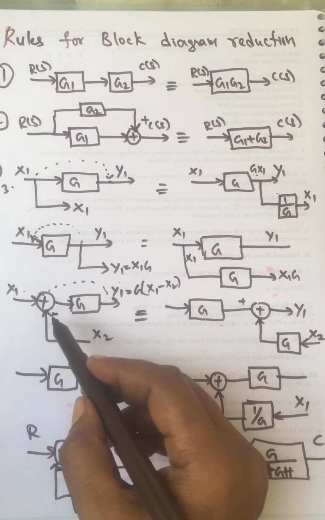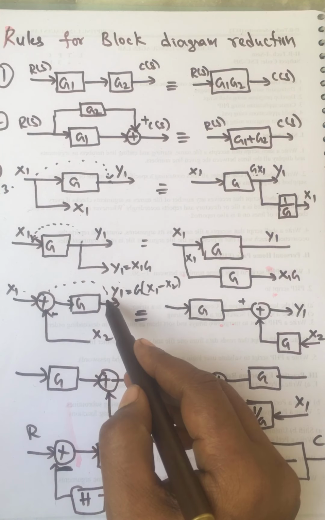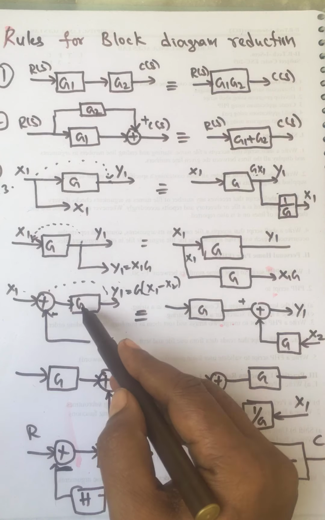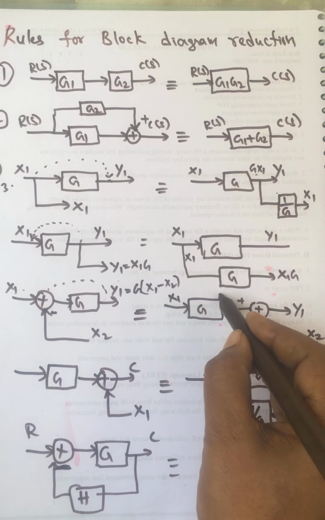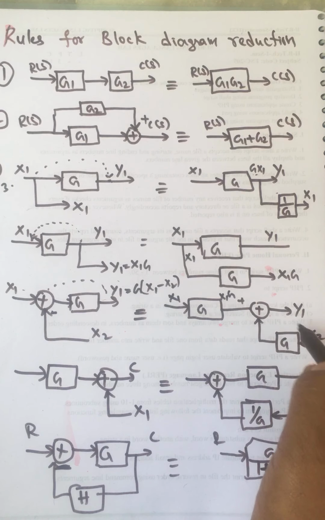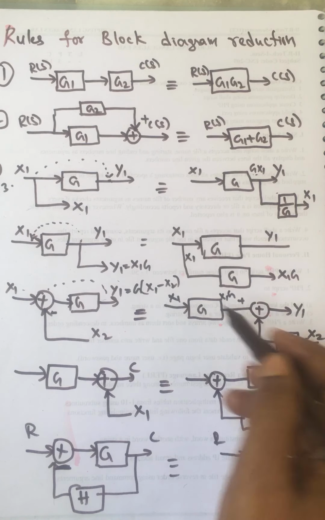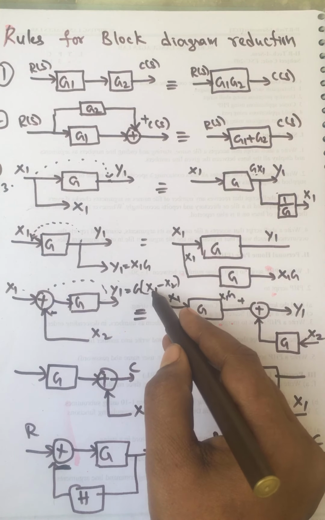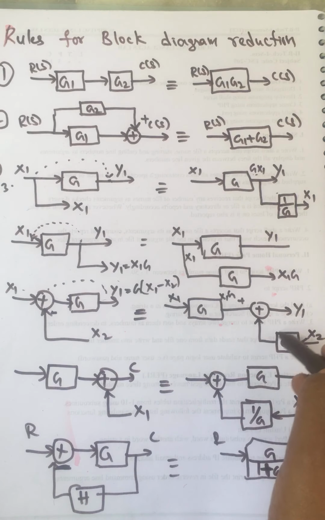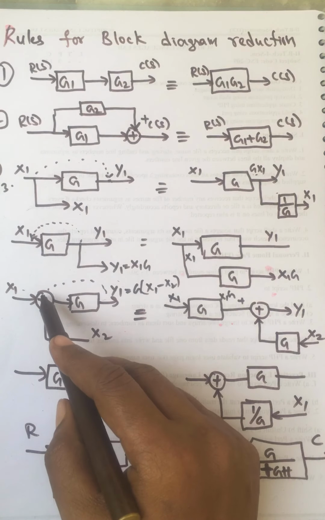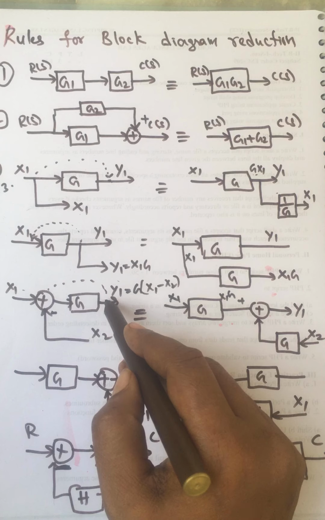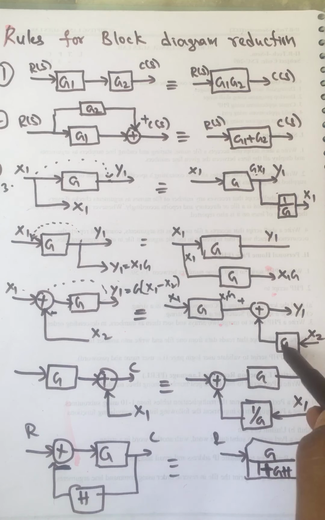When you shift this summing point after the block, x2 will not be multiplied with g. Here x1 is the input and the output is x1g, but x2 will not be multiplied when you don't add this block. That is why, to get the signal y1 equal to g into x1 minus x2, we need to add a gain g along the path of x2.